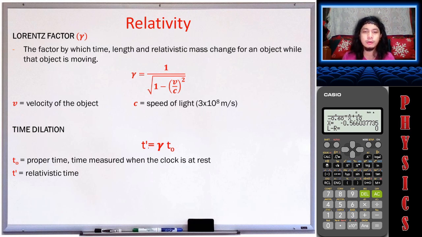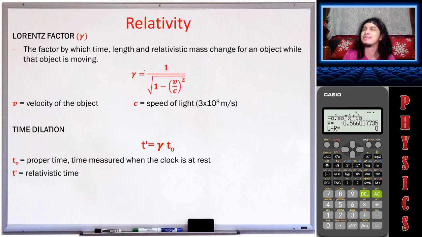So, halimbawa, 0.5c, 0.5 squared, so 0.25, 1 minus 0.25, 0.75, square root of that. So, 1 over less than 1. So, dapat po yung Lorentz factor natin is greater than 1.